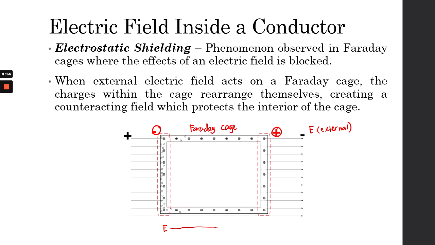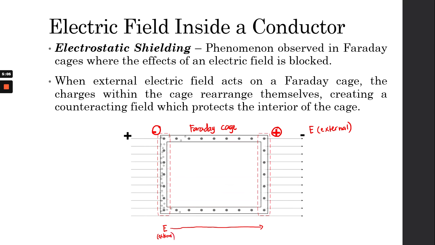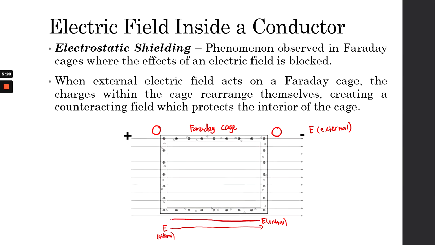So you have an external field going towards this direction, which are the black lines, coming from the outside source, and then you have another electric field which is internal, originating from the shifted charges of your cage, that creates another electric field in the opposite direction.